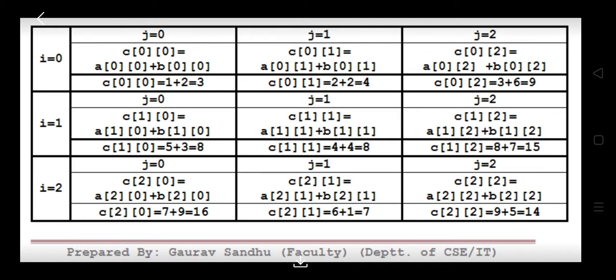C01 is equal to A01 plus B01, where A and B are matrices. A01 had 2, B01 also had 2, 2 plus 2 is equal to 4, and that 4 is stored in C01. In this way, all the elements of matrices A and B will be added together and stored in the matrix C.